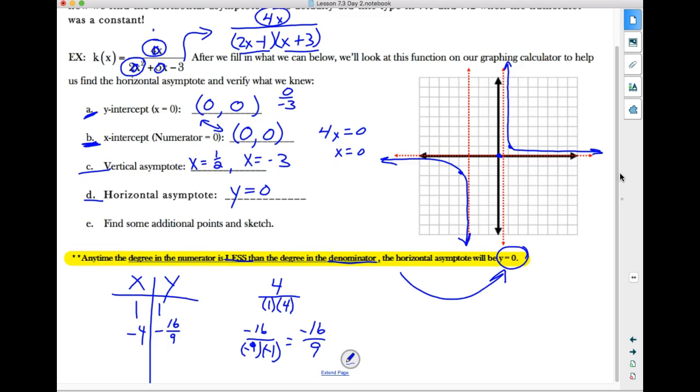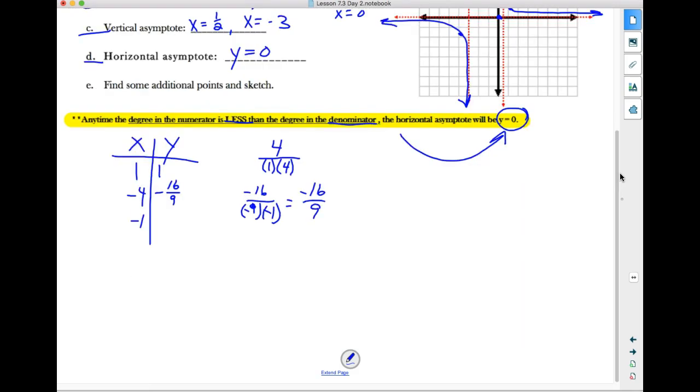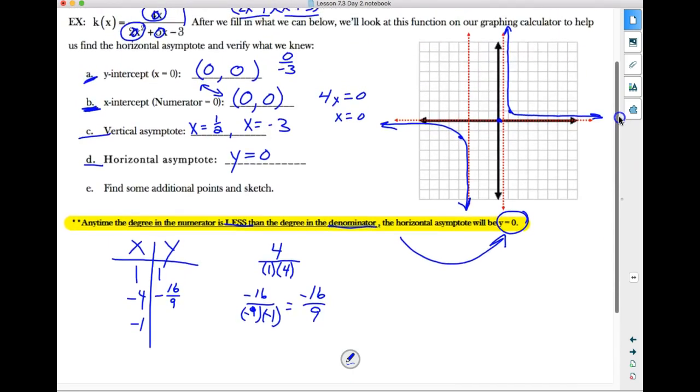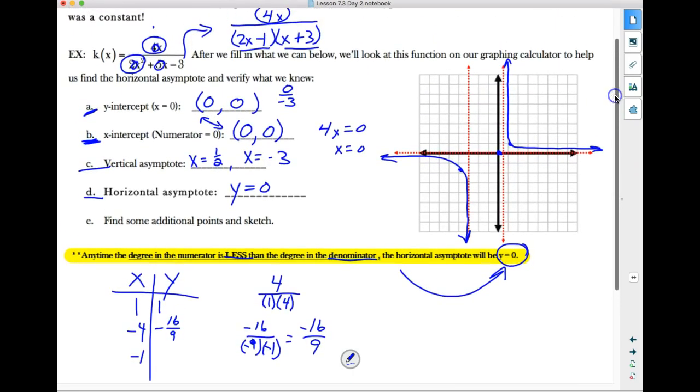And the only other thing I need to know is what's going on here in the middle. Well, in order to figure that out, I'm going to have to maybe plug a negative 1 in there to find out what is going to be happening on the left side of my x-intercept. Well, when I plug a negative 1 in there, I can see up there in the top, negative 4 times negative 1 is negative 4.